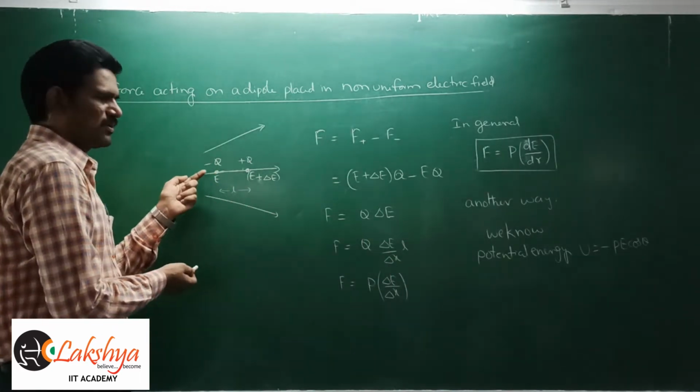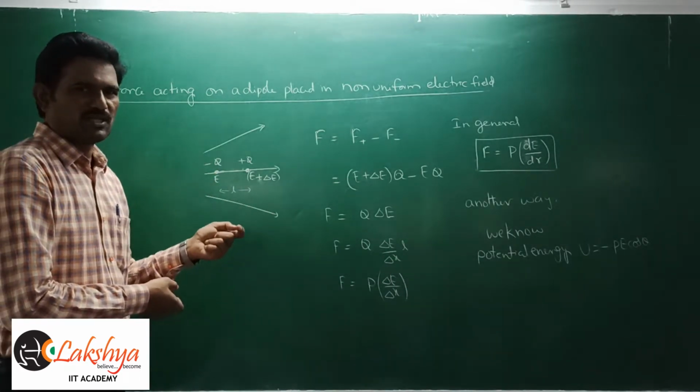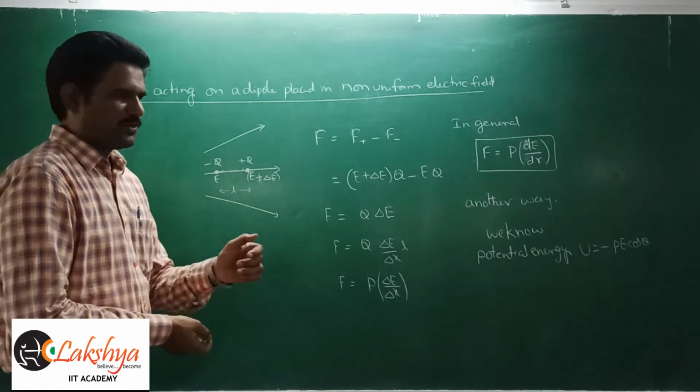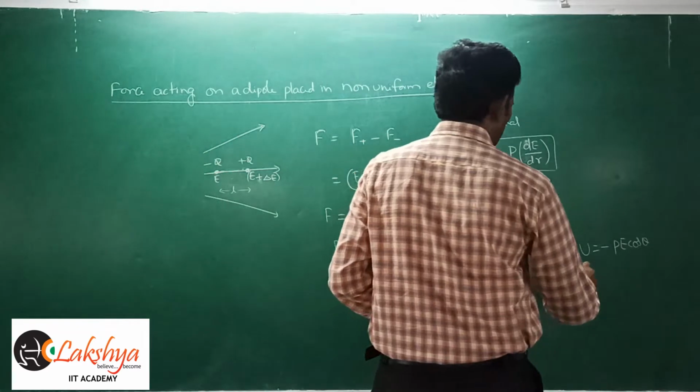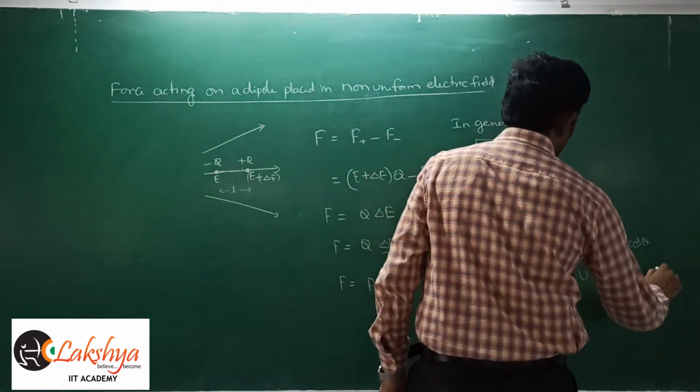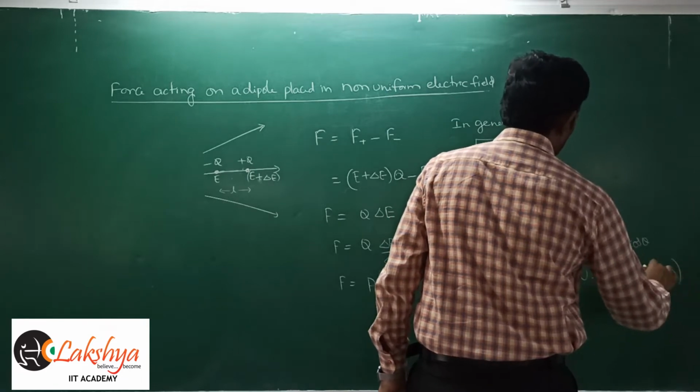In this case we are assuming that when the dipole is placed in a particular small region, the field and dipole moment are both in the same direction, and so I can write this as minus P E, since cos theta is 1, because theta is equal to 0.